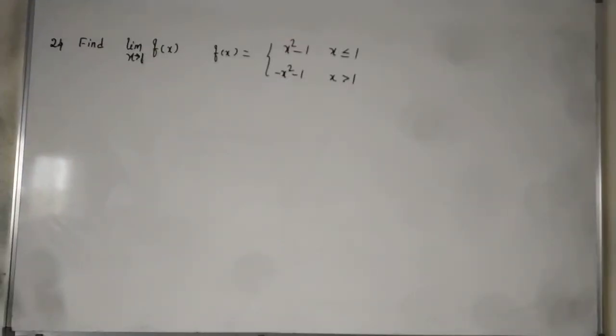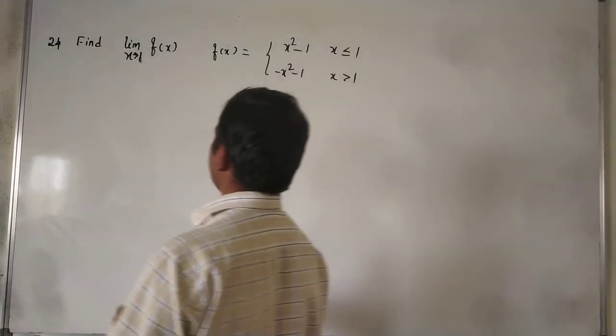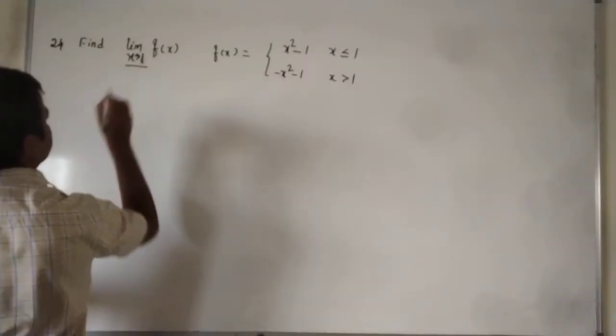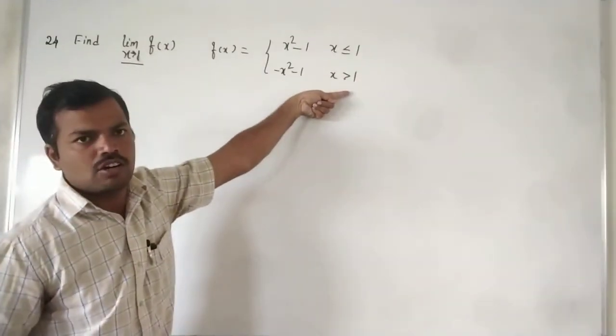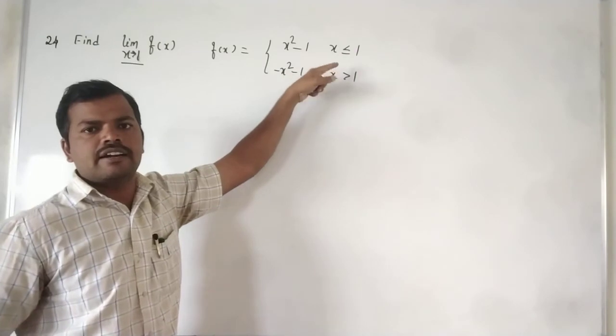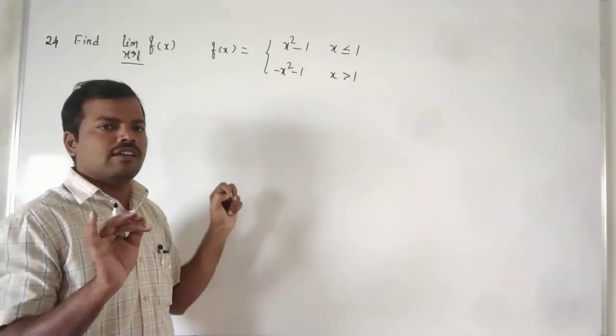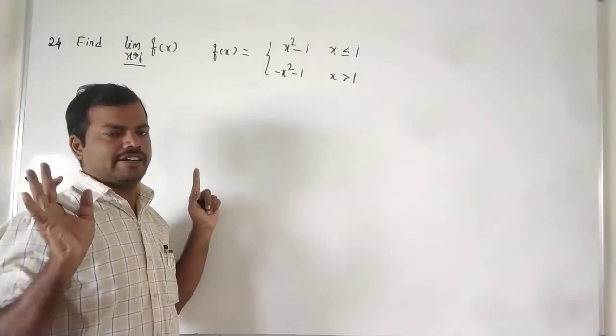So be careful about this. The function has an inequality at the point x tends to 1. So we have to find both the left hand and right hand limits if our function is in an inequality.